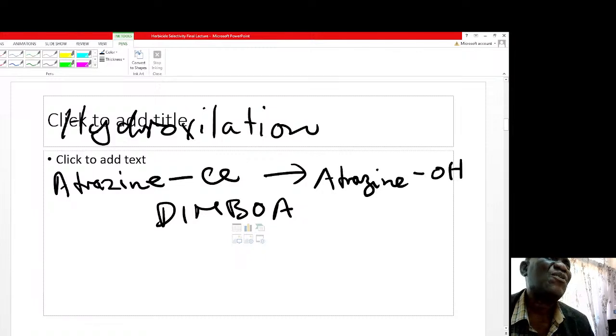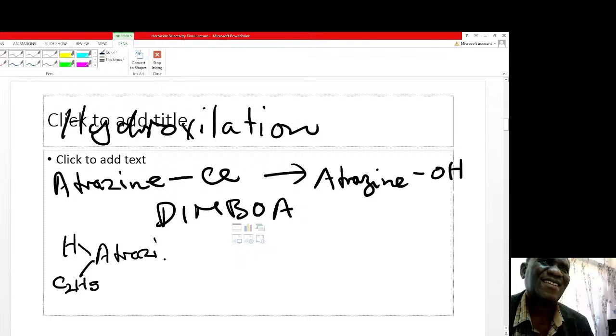So the next thing we are talking about is this reaction, N-dealkylation, where we have H, then C2H5, atrazine, there's an N here.